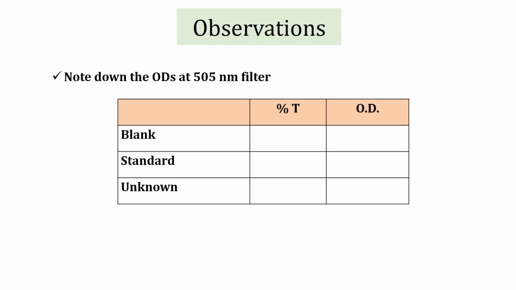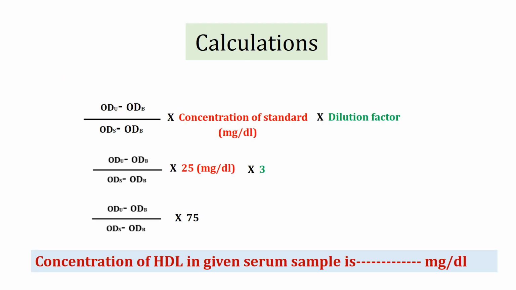Now note down the ODs of blank, standard and test in the given format. After noting down ODs of unknown, blank and standard, the following formula should be used for calculation of serum HDL concentration in the given sample. The formula is OD of unknown minus OD of blank upon OD of standard minus OD of blank, into concentration of standard, into dilution factor.